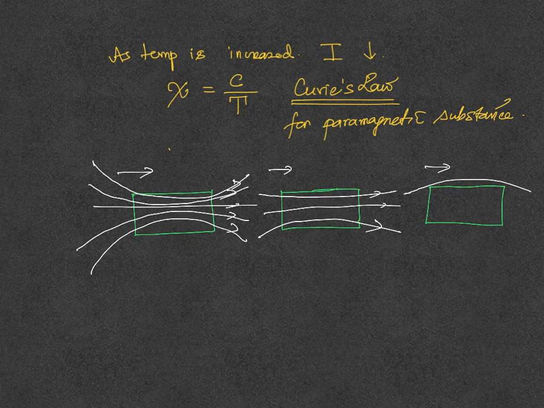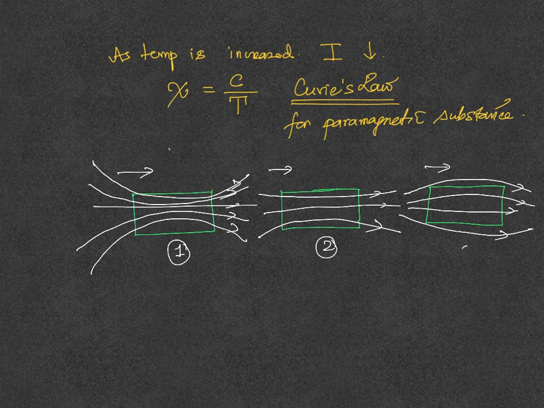And in another case it's like this. This is case 1, case 2 and case 3. In case 3, as the magnetic field lines are less closely packed, it's a weaker field. So inside the substance in case 3, the magnetic field is weaker than that outside.